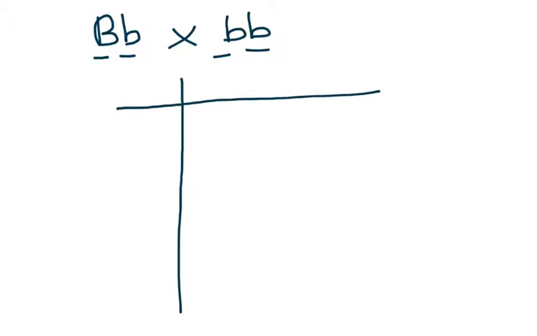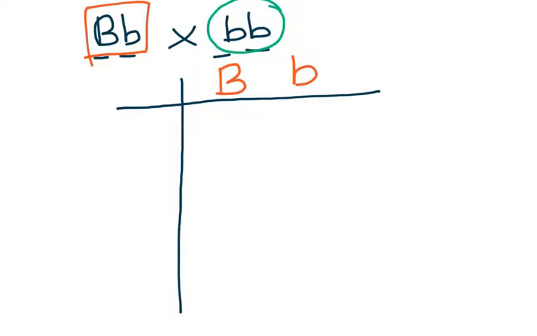We are going to take one parent and put it on one of these axes. It doesn't matter if it's on the X or the Y. So I'm going to put the black mouse here, big B, little b. I am then going to take this mouse and put this other parent here. I'm going to give myself some room.